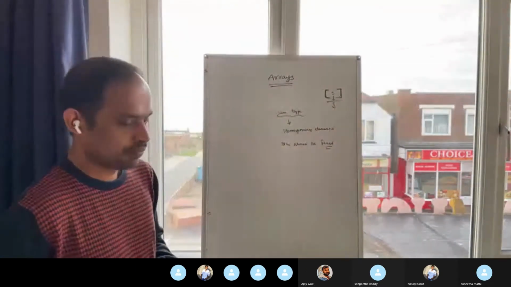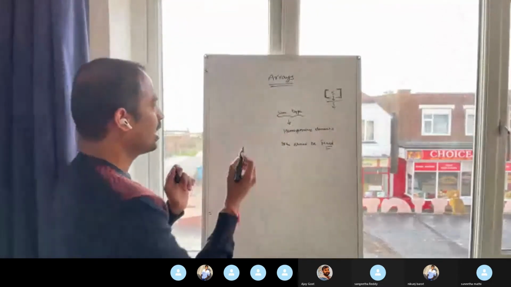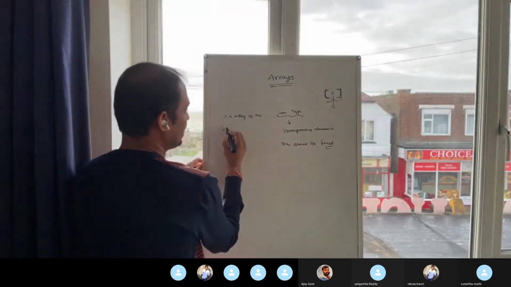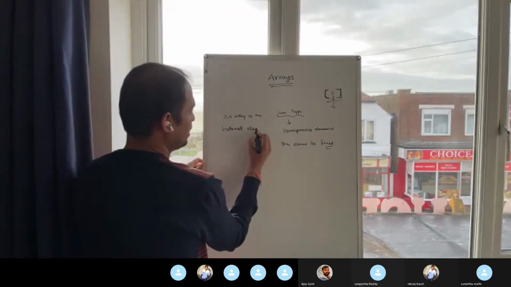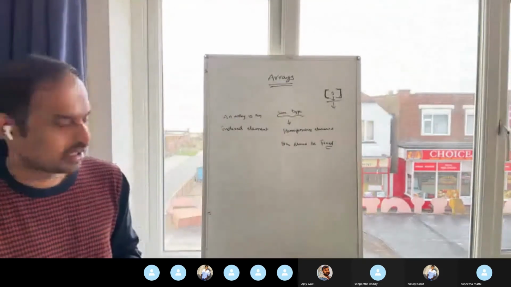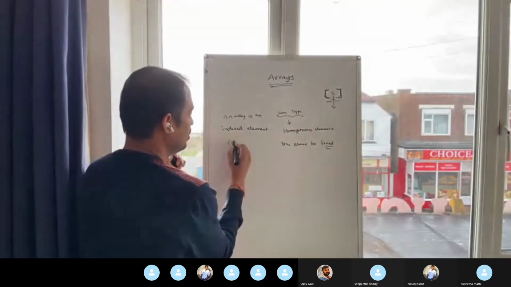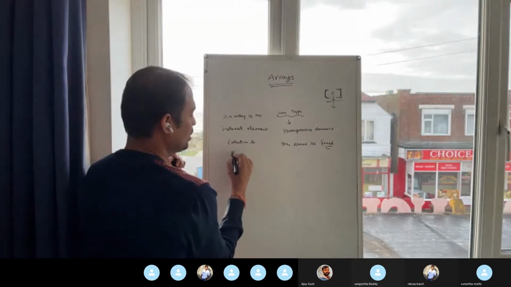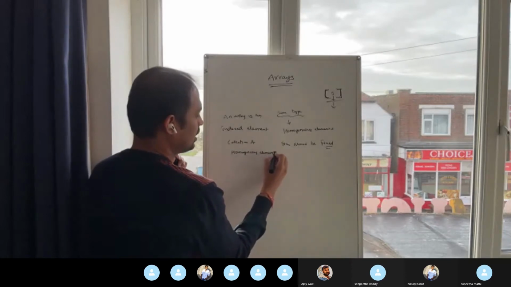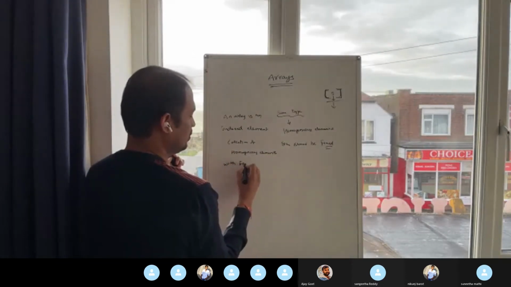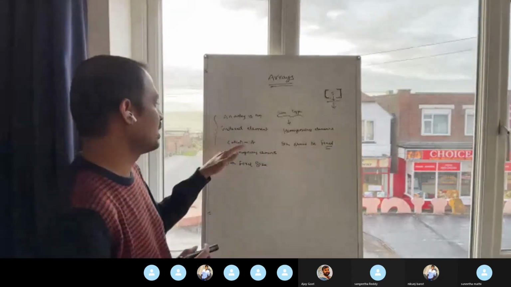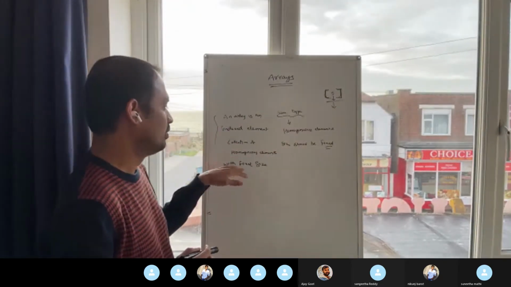So can you tell me the definition now? An array is an indexed element with a collection of homogeneous elements with fixed size.